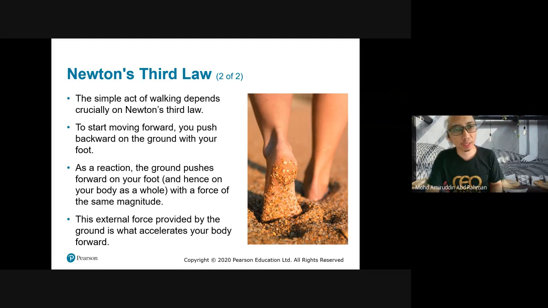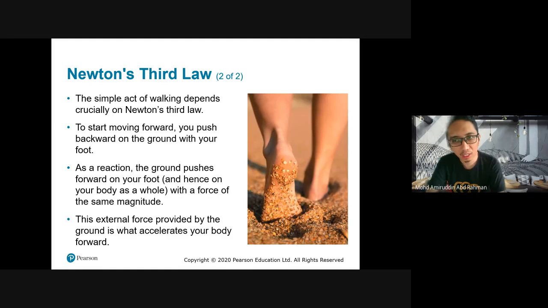So that's why our body is having the force moving back, and our foot is having the force pushing forward. So why can we move forward?